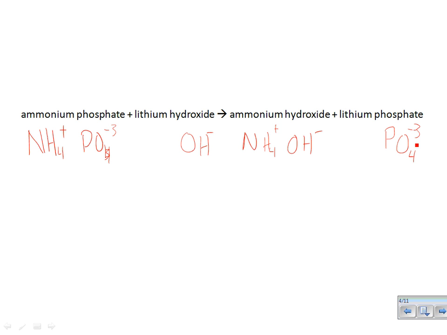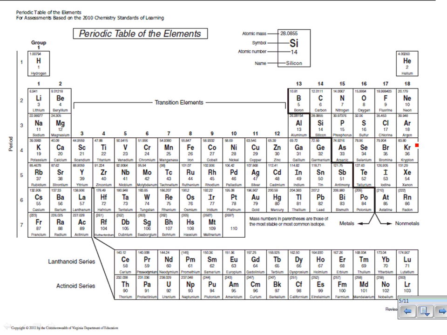All we need to do is find lithium. If we go to the periodic table, we will see that lithium is right here in the first group. It has one valence electron, which it will lose to form a +1 cation.